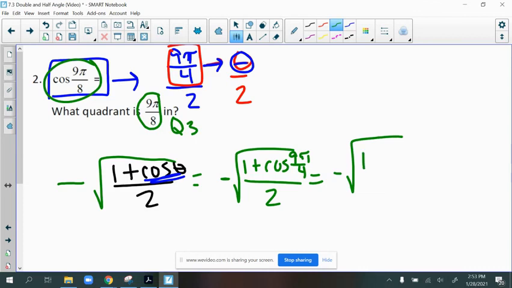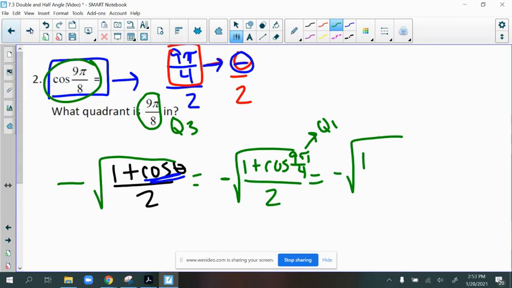If I was at 8 pi over 4, I would be at 2 pi. So I went all the way around the circle and back again. So this is in quadrant 1. So the cosine in quadrant 1 is positive.